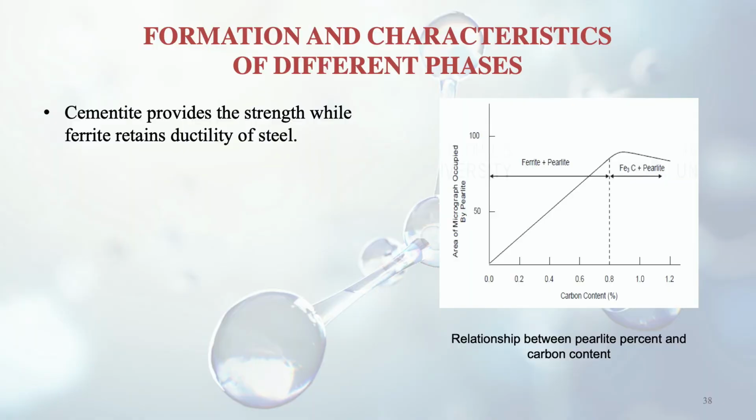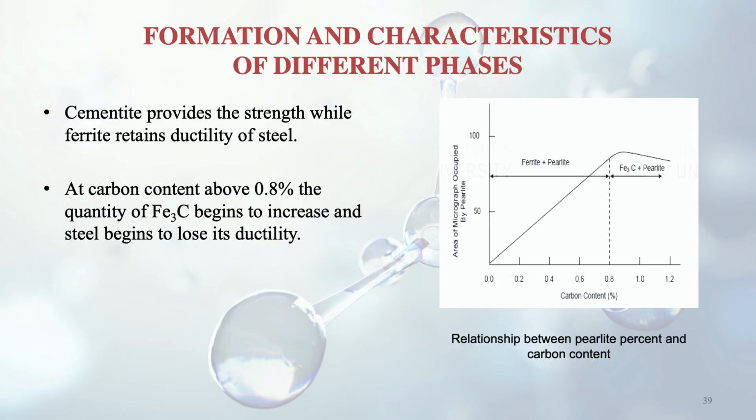Cementite provides the strength while ferrite retains the ductility of steel. Earlier we have read how pure iron is very soft. Ferrite is very close to pure iron because the carbon percentage is very low in ferrite, whereas in cementite the carbon percentage has gone up and it is actually beyond 0.8% carbon.